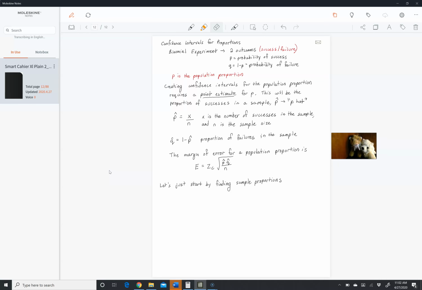So in a survey of 1,550 US adults, 1,054 said they use Facebook. Let's find the point estimate for the population proportion.